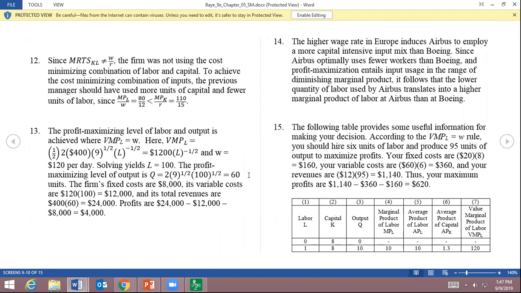Ten equals L to the 1/2, so then you have to square both sides. You guys follow my algebra?